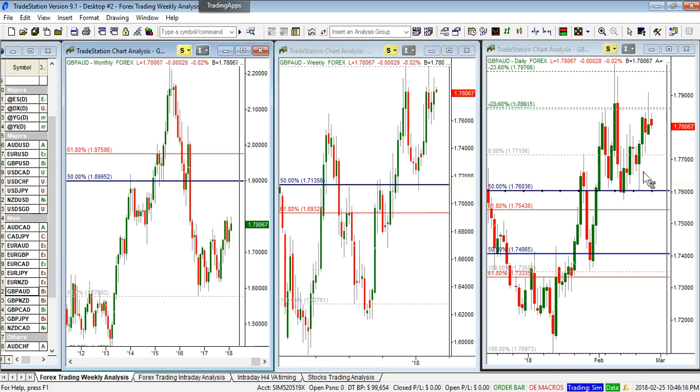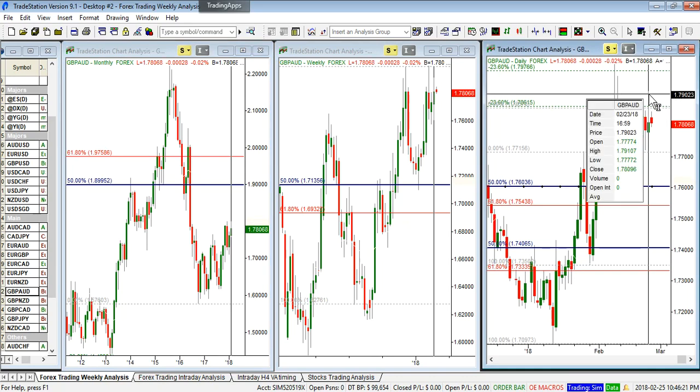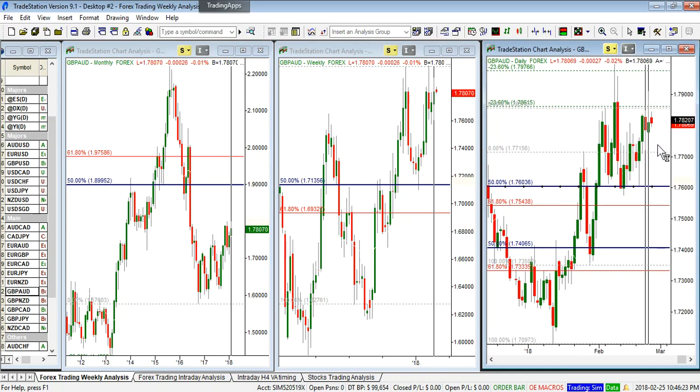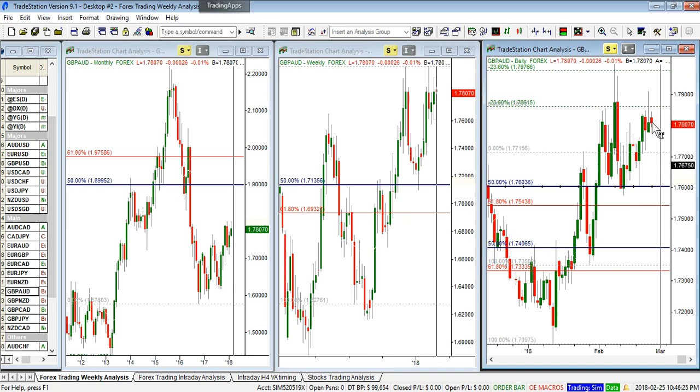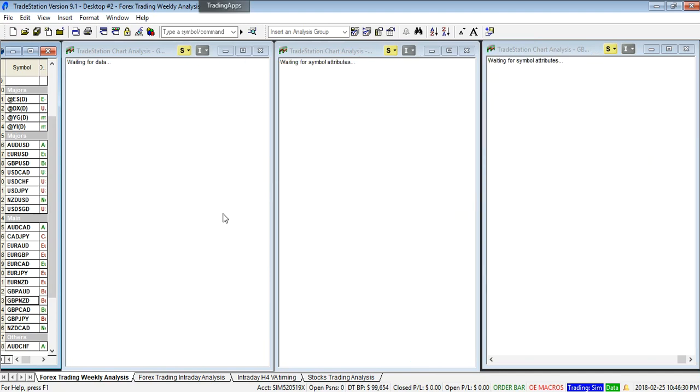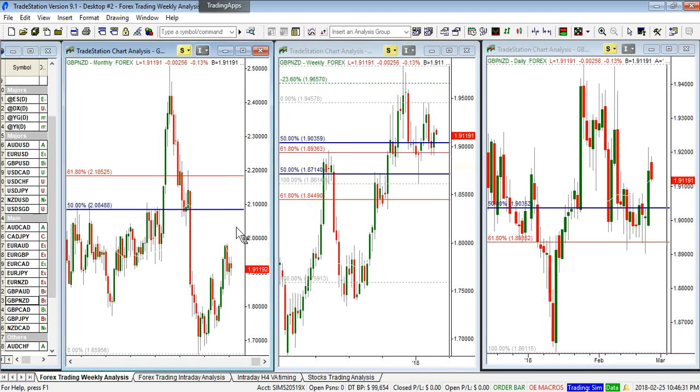The full measure move has failed, and this market was rejected on Thursday here. If this rejection continues, we could see the 176.03 being tested again.